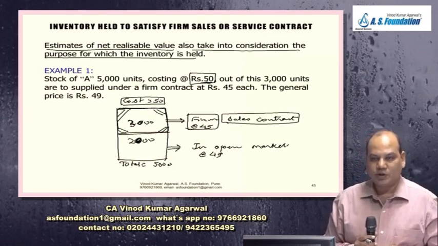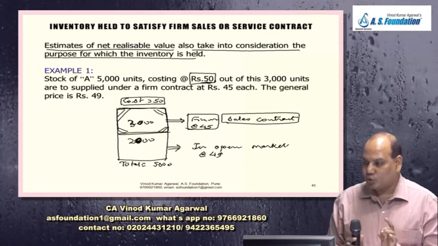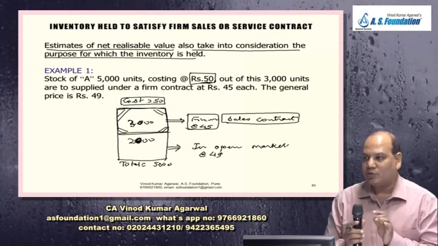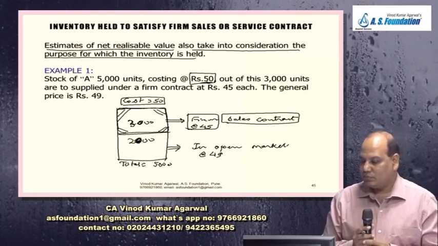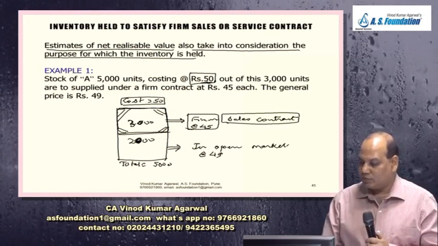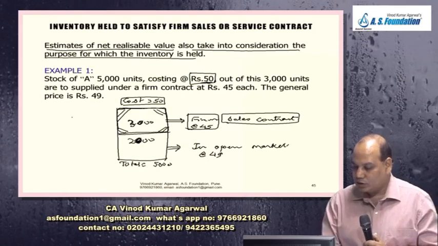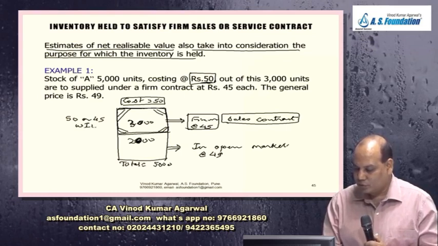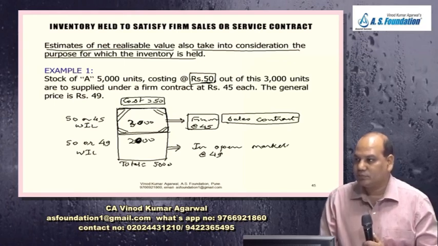If this inventory is specifically meant to be sold to another party at rupees 45, then I will value it at that rate, and this is 49. So for this 3,000 I will apply the rule 50 or 45, whichever is lower, and for this I will apply the rule 50 or 49, whichever is lower.